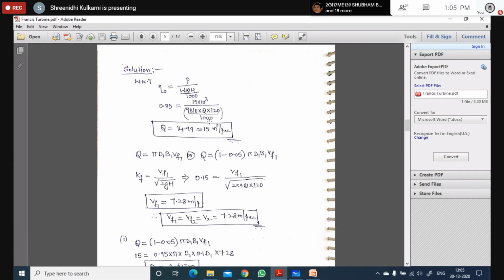Once we know the discharge, you'll get 14.99. So we took it as 15 meter cube per second.